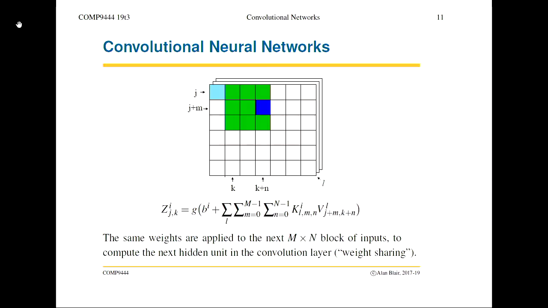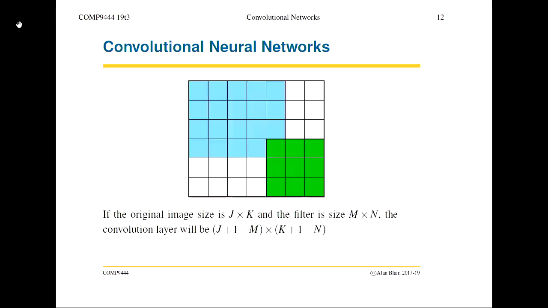This is exactly what I was just showing you, that the same weights are applied to each block. Now, if you want to figure out the size of the next layer, it's j plus 1 minus m by k plus 1 minus n. In our example, the filter was 3 by 3. That chops off 2 rows and 2 columns effectively, because by the time the filter gets to here, we've bumped into the edge. So this tells you the size of the next layer.